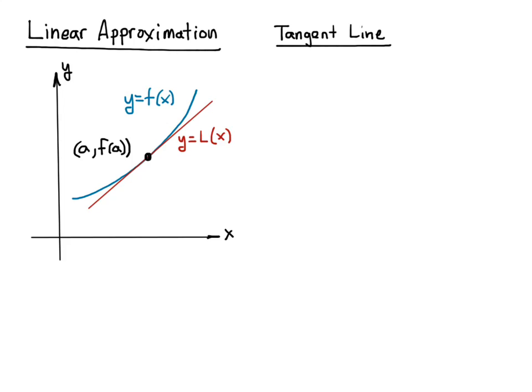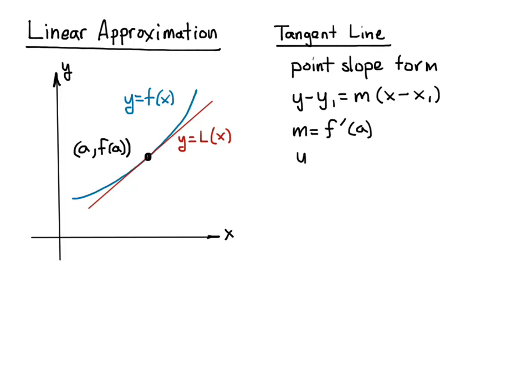With a tangent line, what we did was use the point-slope form, so we started with that equation, which you've seen a few times and have used a few times. And we say, okay, the slope is going to be the derivative evaluated at a. y1 is going to be the value of the function at a.